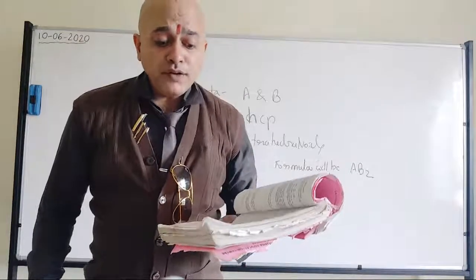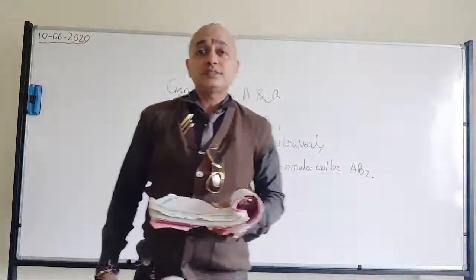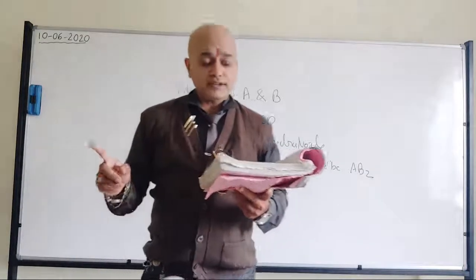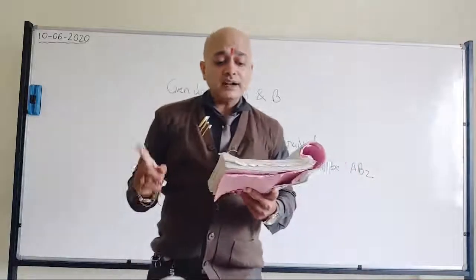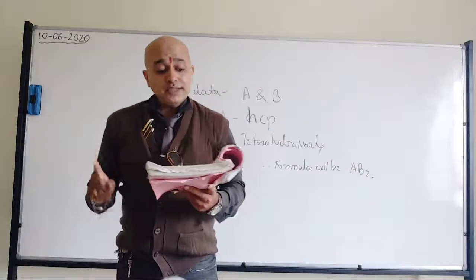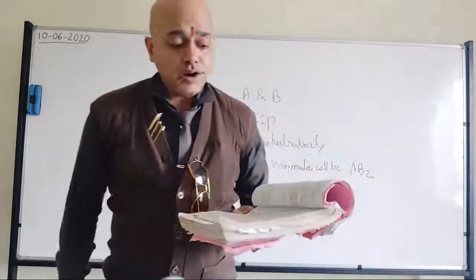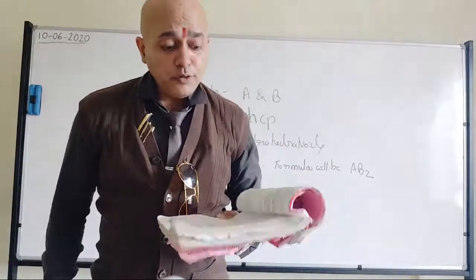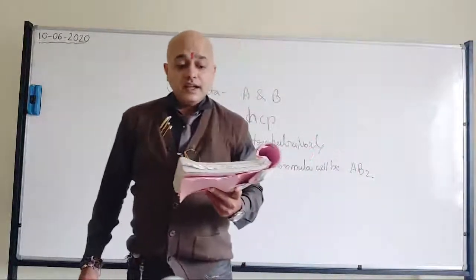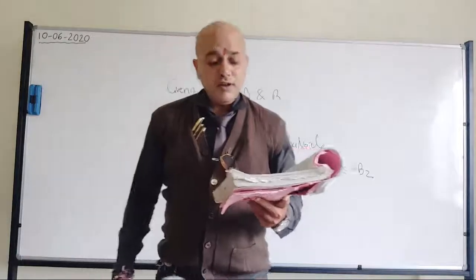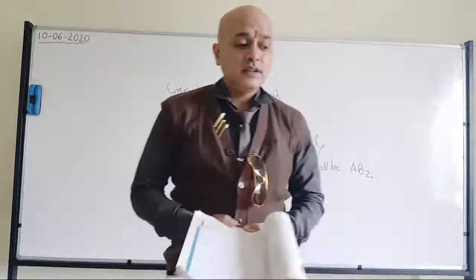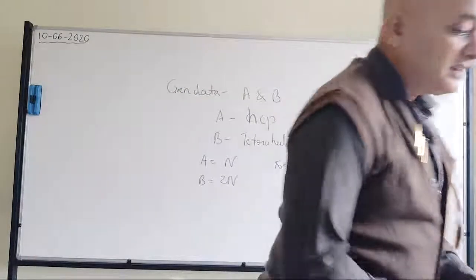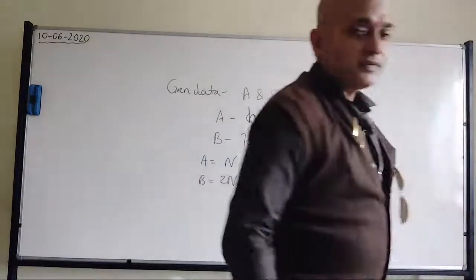And how many of these are tetrahedral voids? Once again I will repeat. A compound forms a hexagonal close packed structure. What is the total number of voids in 0.5 mole of it? And it is a continuation: how many of these are tetrahedral voids?